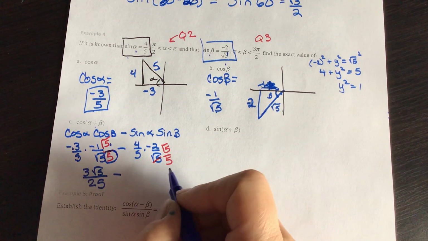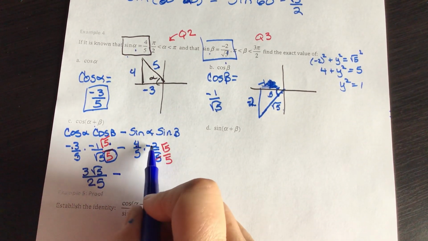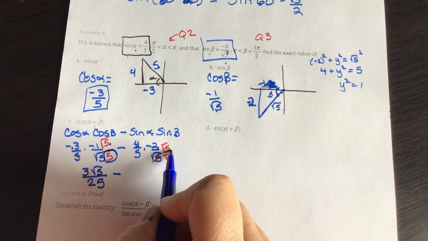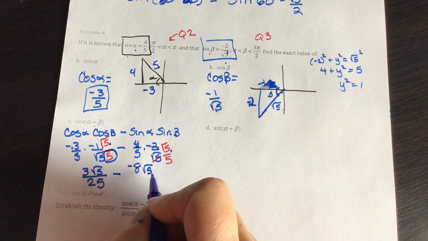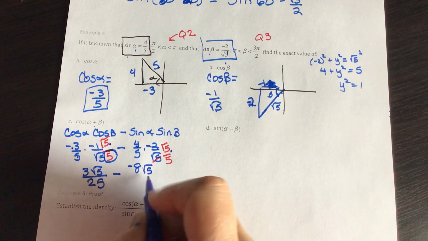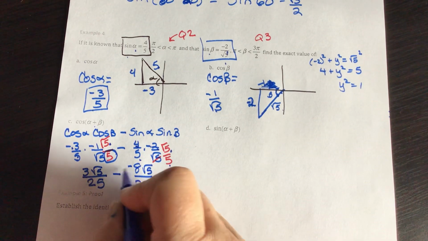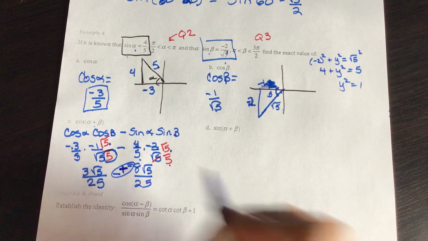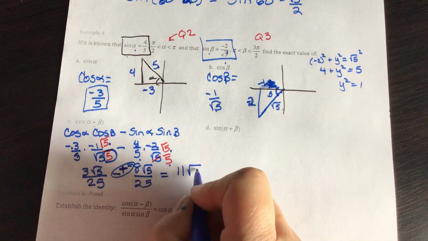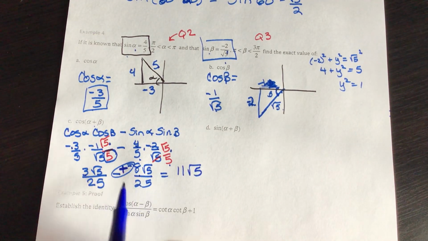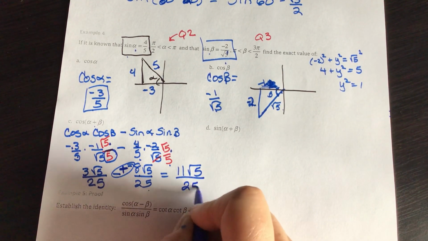And then I'm subtracting, and this is 4 times -2 times the square root of 5, so this is -8 square root of 5 over 5 times 5 is 25, so this is actually plus here. So I have 3 plus 8 is 11 square roots of 5. Remember, I can add the coefficients and keep the same common denominator, 25.